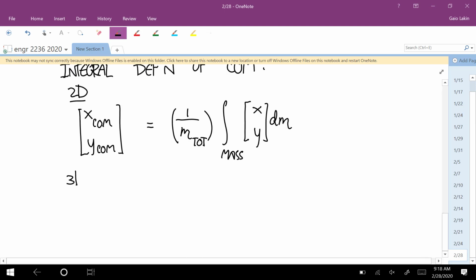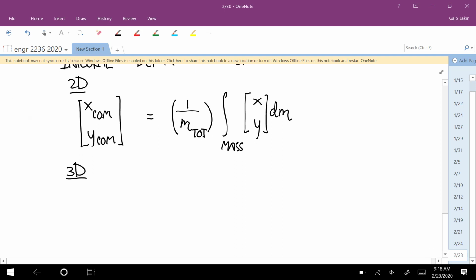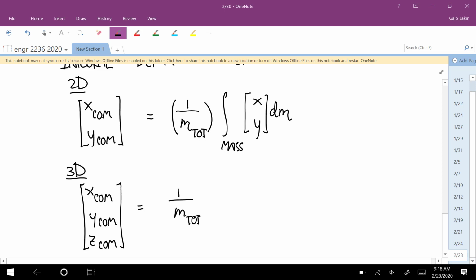So we'd be calculating the x, y, and z coordinates. And that's equal to 1 over the total mass times the integral over the whole mass of x, y, z, dm.